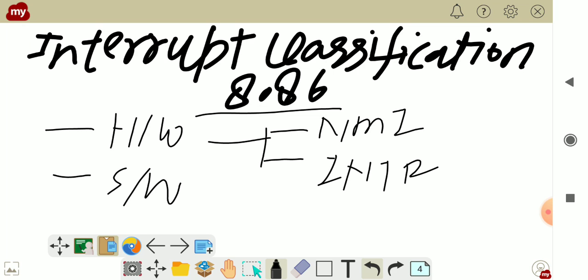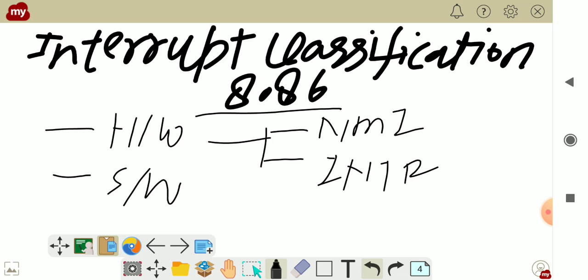Non-maskable interrupt NMI has higher priority than the INTR interrupt request pin. NMI does not depend on the interrupt enable flip-flop set or reset status because it is non-maskable and you cannot avoid it. So the microprocessor definitely has to service any interrupt request on this pin.